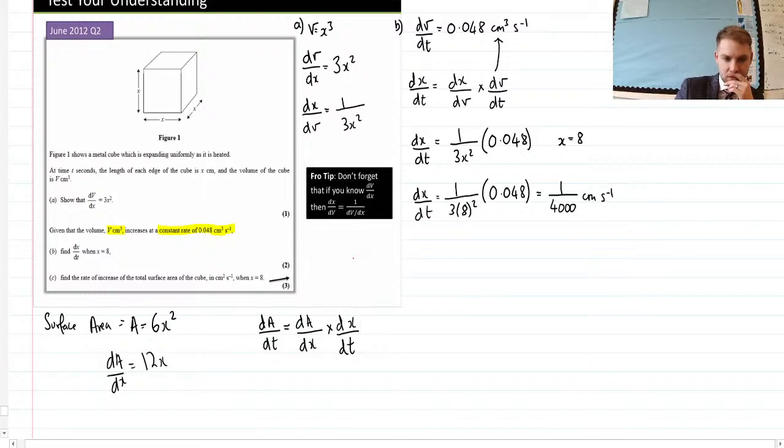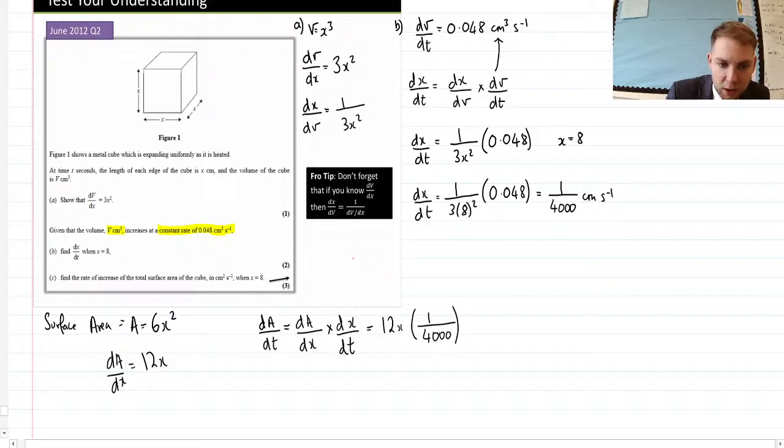Okay. I already know what dx by dt is when x is 8. Very similar to the last one. They've used x equal to 8, so it follows through quite nicely. So I can say now that this is equal to dA by dx, which is 12x, times dx by dt, which is that 1 over 4,000.